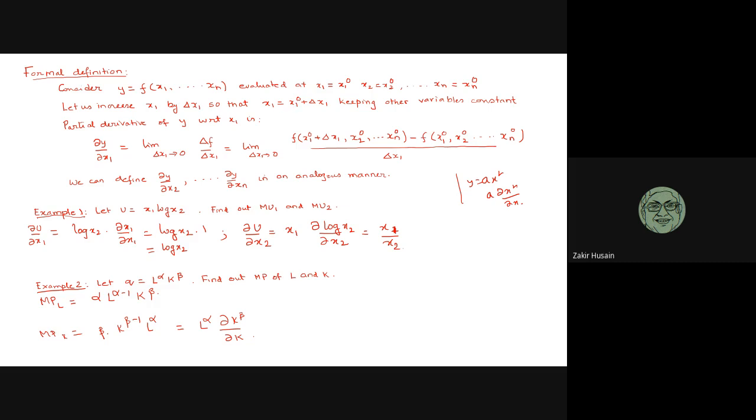It is the old x1 plus the addition del x1, keeping the other variables constant. So the partial derivative of y with respect to x1 is del y by del x1 equal to the limit of, as this tends to 0, we write it in this way.